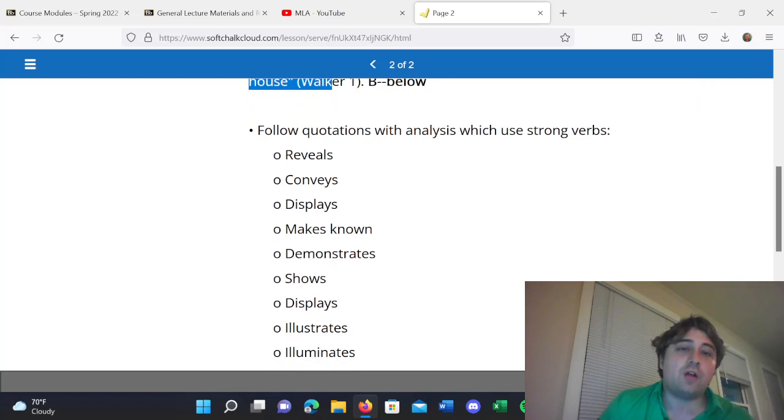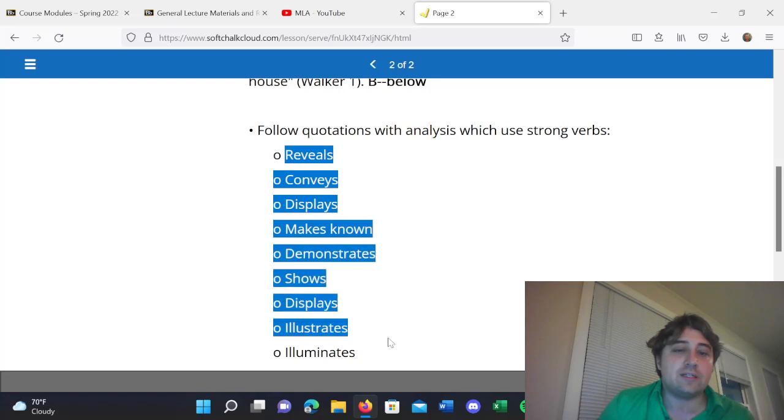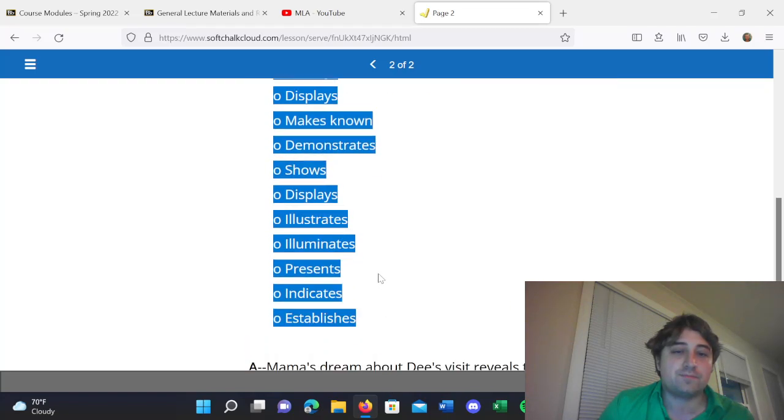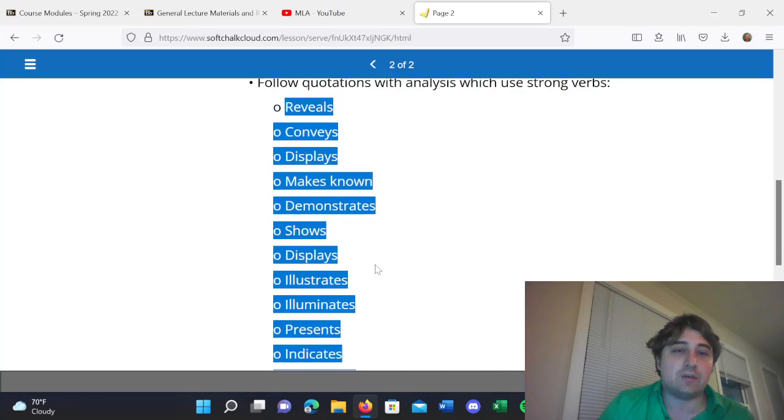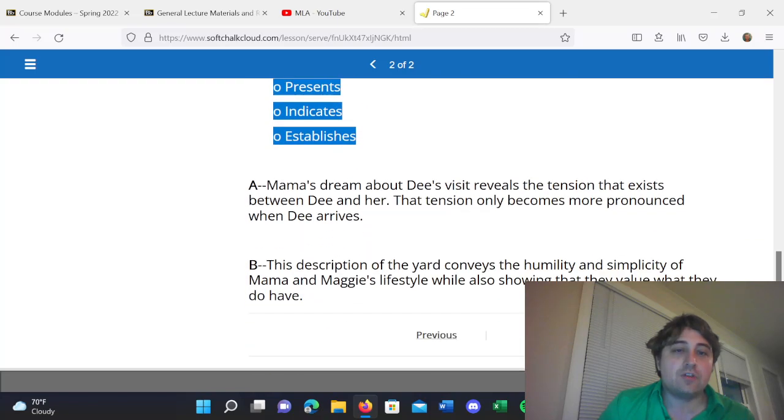Then you want to follow the quotations with your analysis. In your analysis, you'll use these kinds of words. Those are the analytic words. This is what you follow the quote with.